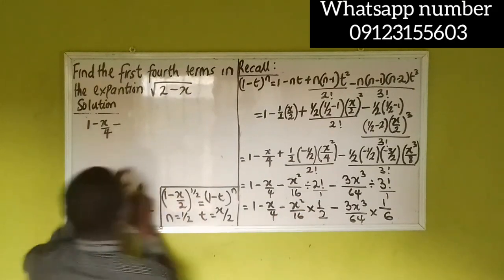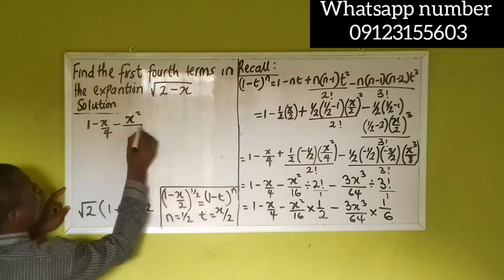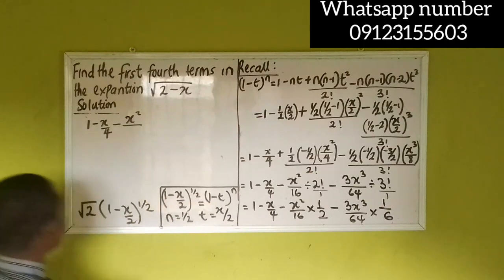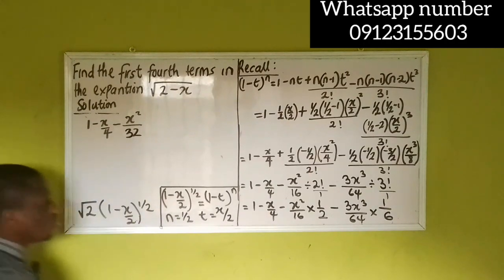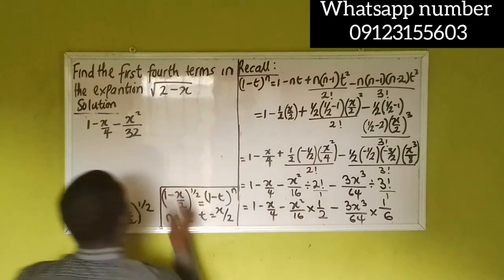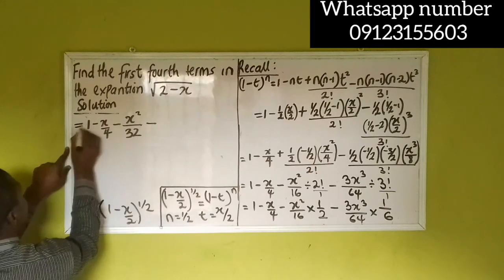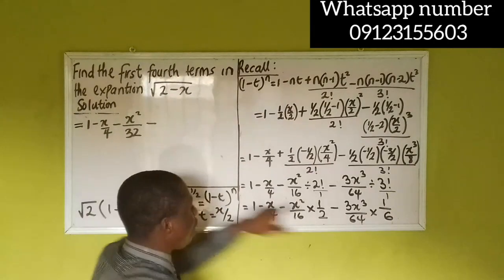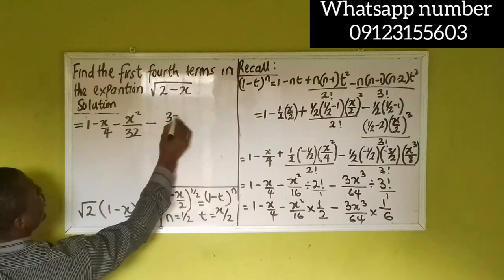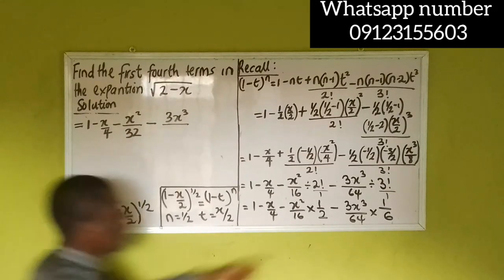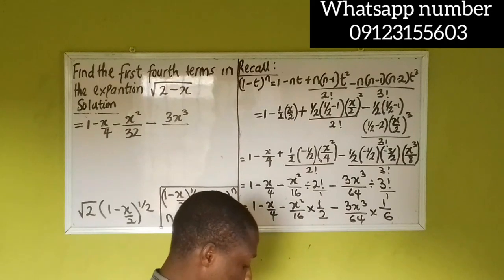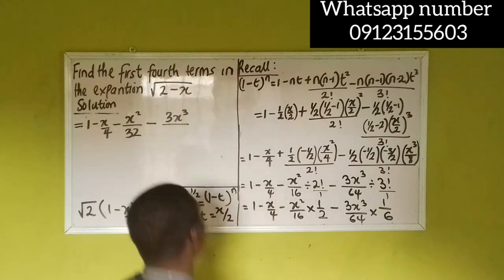X squared times 1, I have x squared over 16 times 2, that should be 32. I have 32, right? I've already simplified all these things. Now this is minus. I'll put a minus sign here, right? Now 3x cubed times 1, that becomes 3x cubed over 64 times 6.